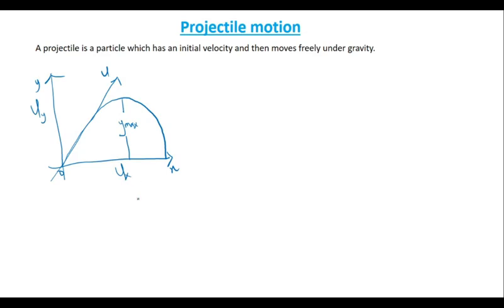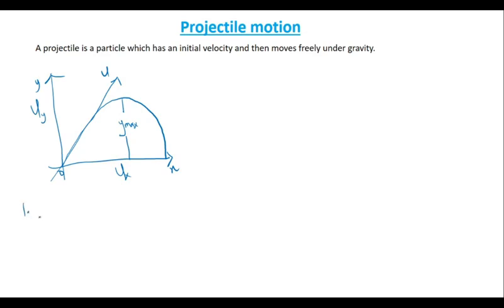Now when we want to look at the formulas or equations that we use in projectile motion, we need to consider the vertical component of the initial velocity and the horizontal component of the initial velocity, and use them to make deductions before we can do any calculation on projectile motion. So I'll first like us to write down the equations of motion, so that we use them in deriving the equations that we need for our work.